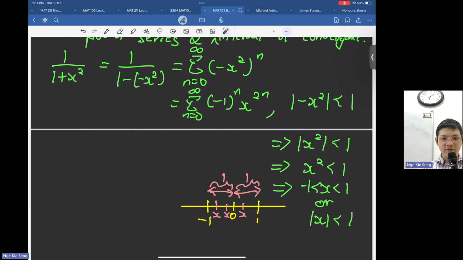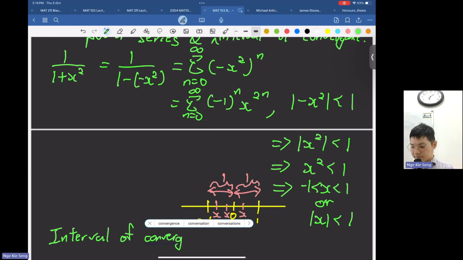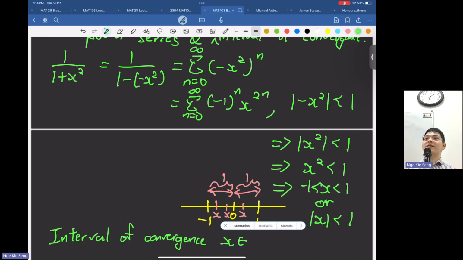If you have questions, please ask them. So in this case, what's our interval of convergence? What's the radius of convergence? Where is it, from where to where?